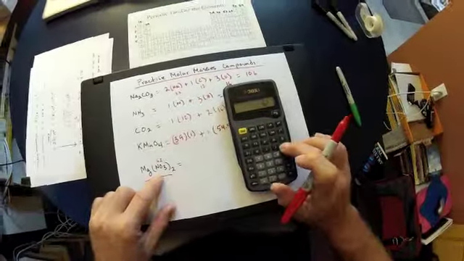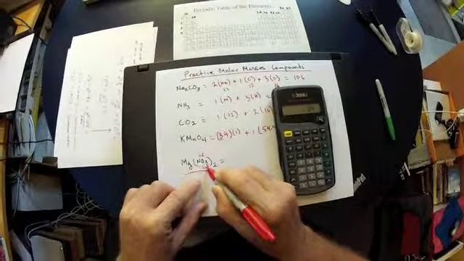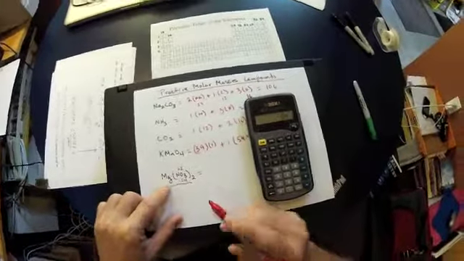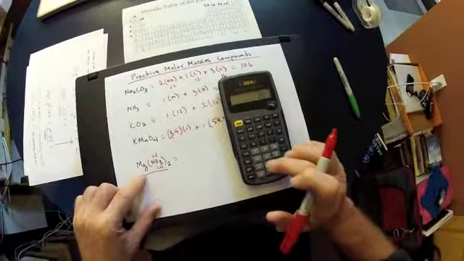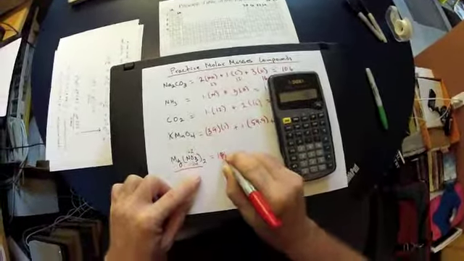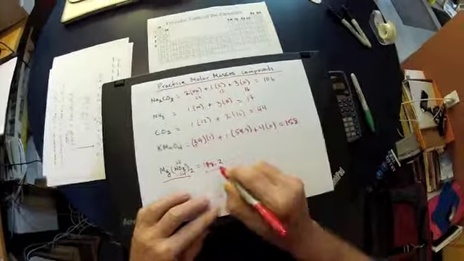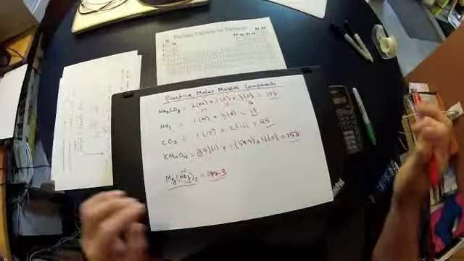So 62 times 2 is a grand total of 124. That is going to be added to the molar mass of magnesium, which is 24.3, for a total of 148.3. Okay, so hopefully you followed along and you've gotten numbers that are pretty close to what I have here.